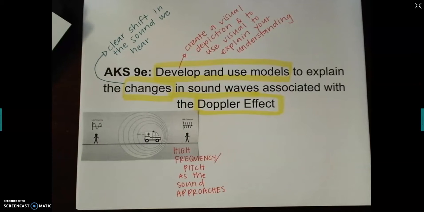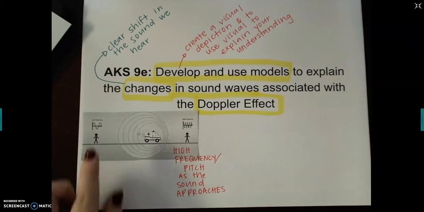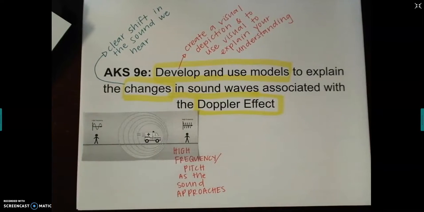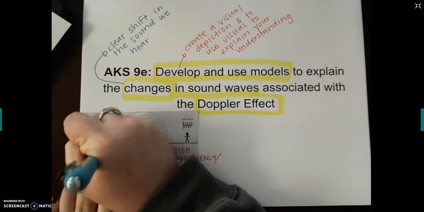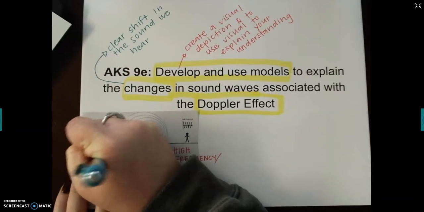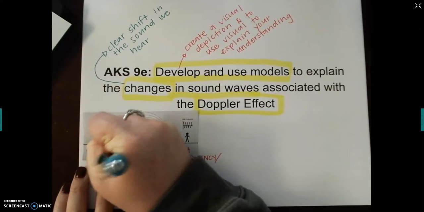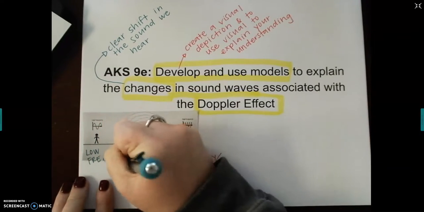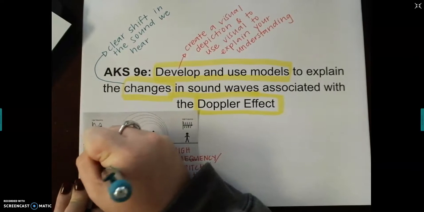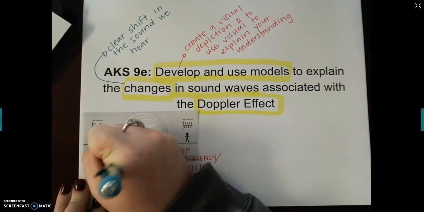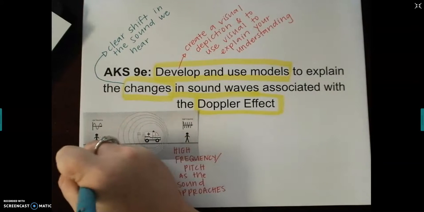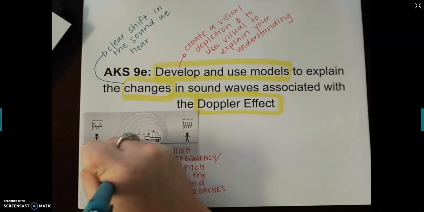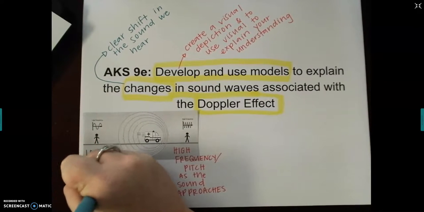And after it's passed me by, I have a lower frequency sound. It sounds like a lower pitch as the ambulance moves away from me. So I'm going to put low frequency slash pitch as the sound moves away.